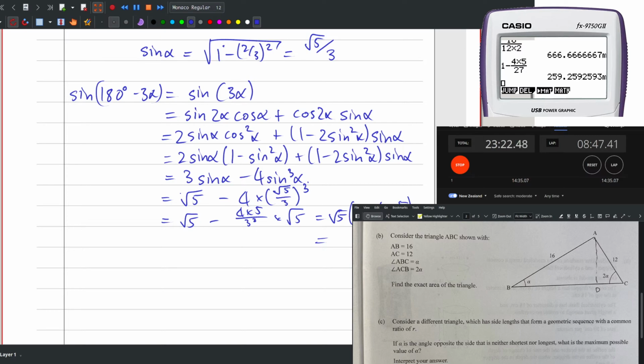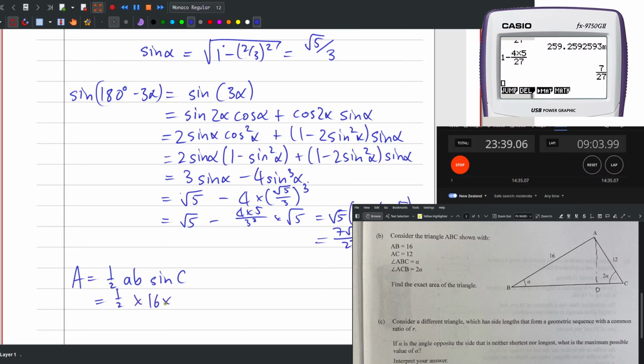Wait. Oh. Okay, there we go. So that's 7 root 5 on 27. Right, now we go back. And so we go A equals a half AB cosine C. And that is 224 root 5 over 9. Cool.